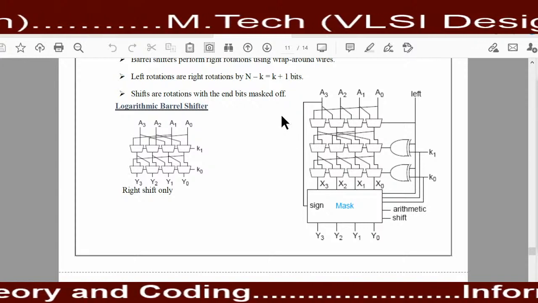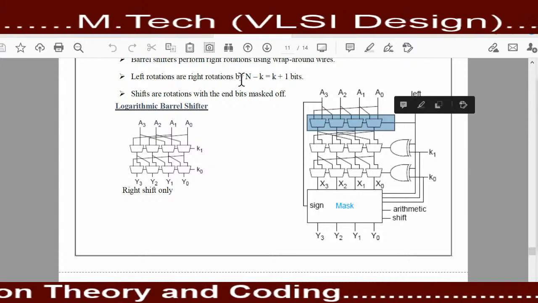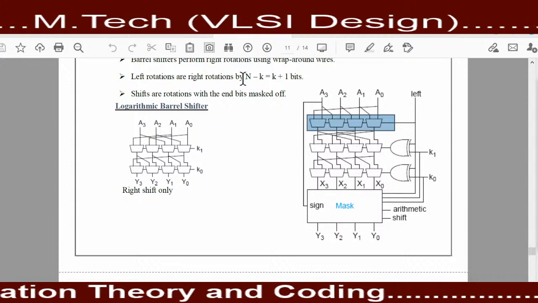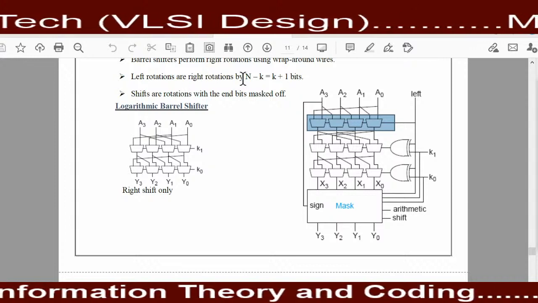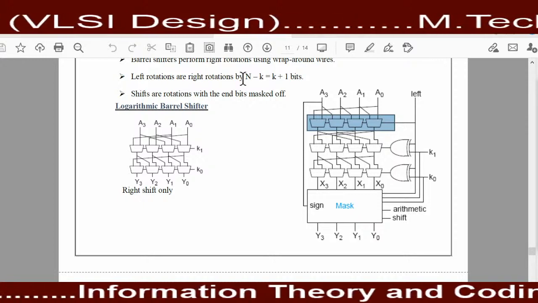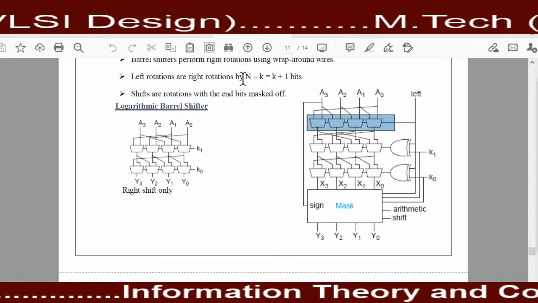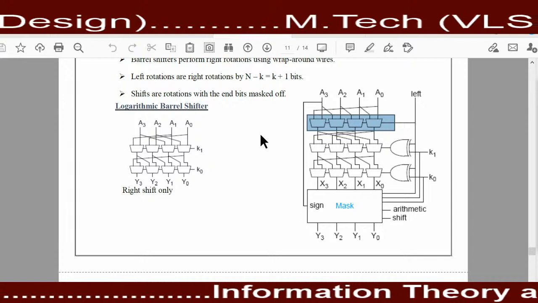If the data is 4 bit, then n minus 1, that means 3 bit shifting is possible, because after 4 bit shifting it gains the same starting stage.